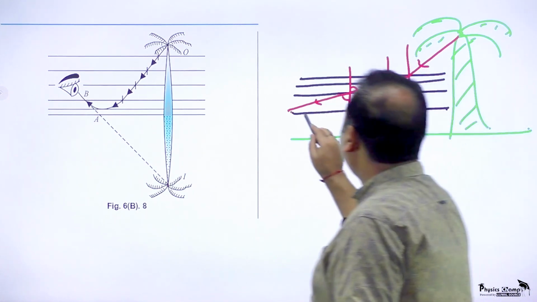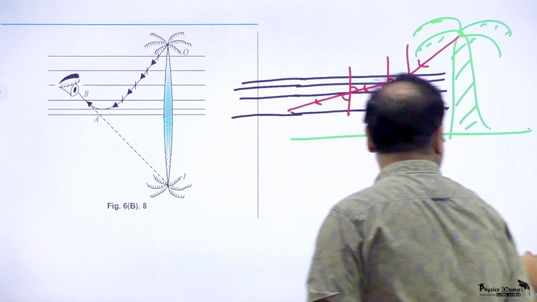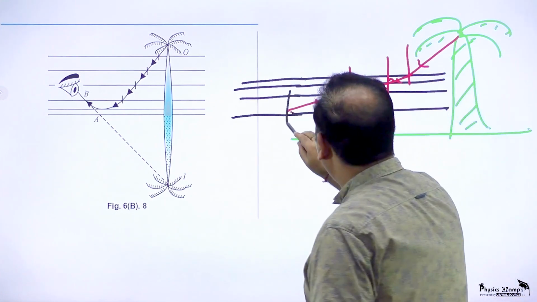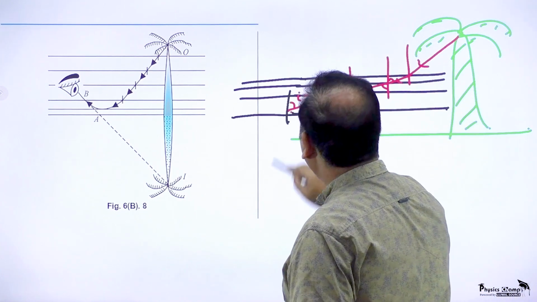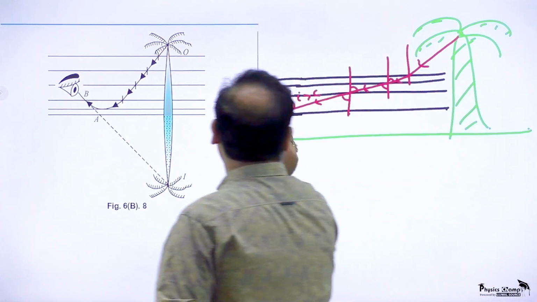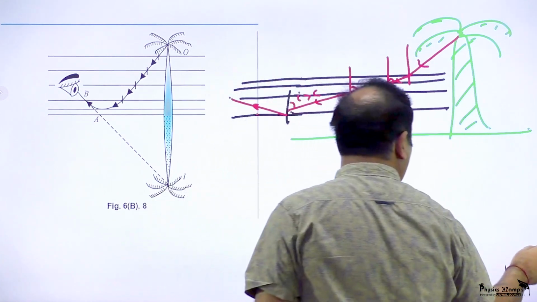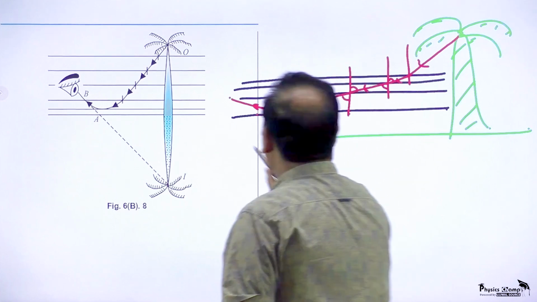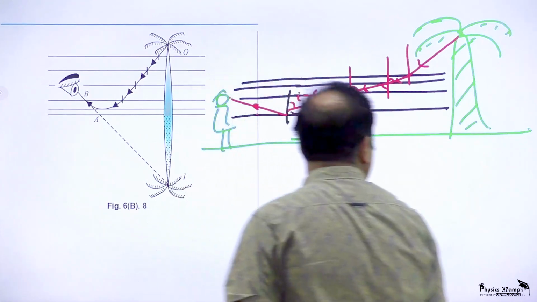And maybe at this situation, the angle of incidence which is here is more than the critical angle. Now what will happen? The light ray will reflect totally. So if you are standing here somewhere, we imagine that it is you who is standing here somewhere.